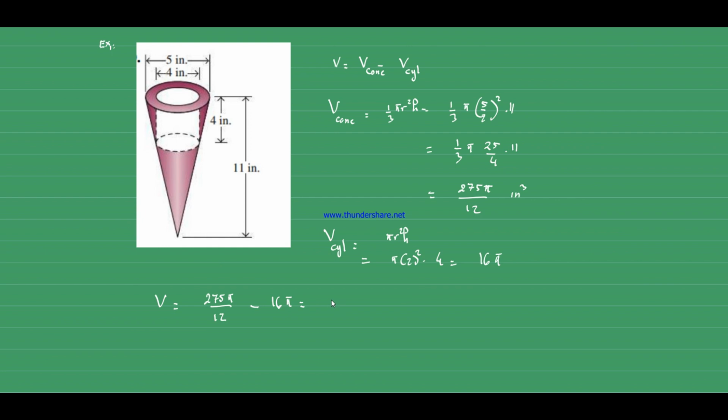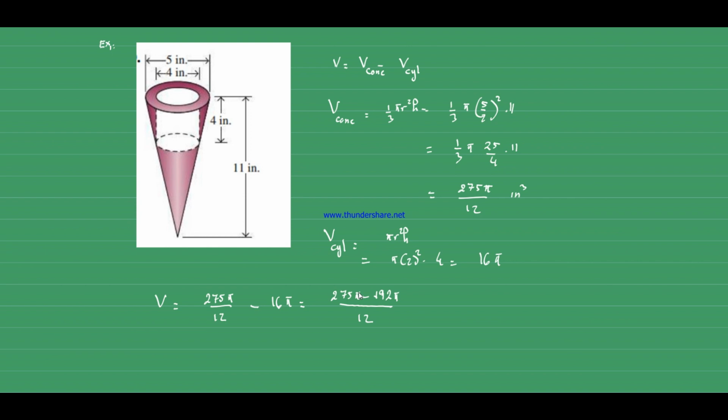I'm going to go ahead and find the LCD over here. So I multiply the top and the bottom by 12 to find the LCD. So I have 16 times 12, which is 192. So you have 275 pi minus 192 pi over 12.